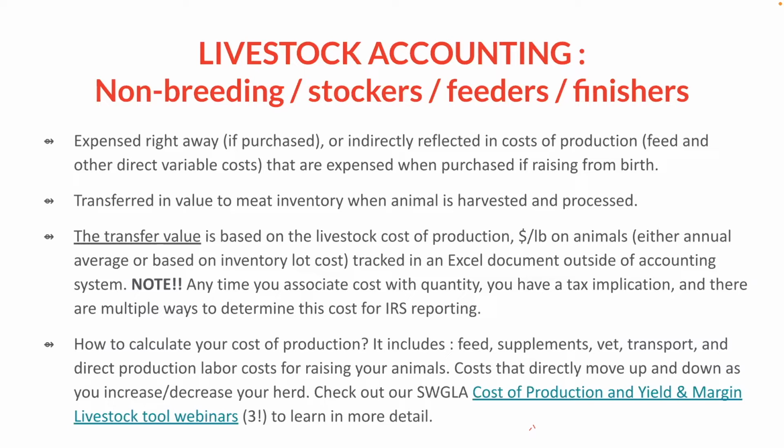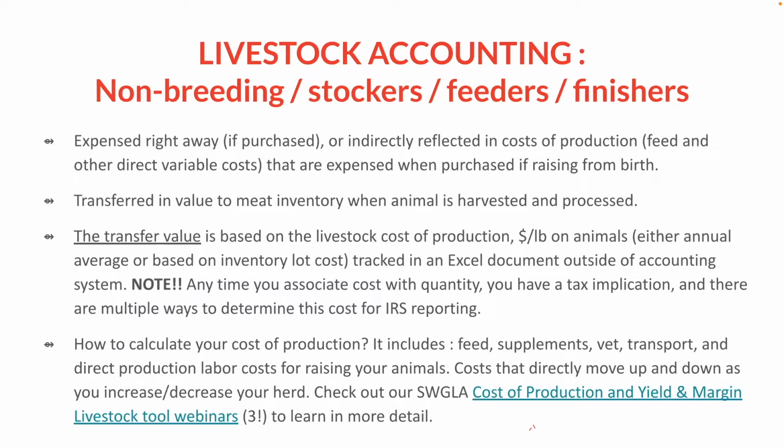And that is something that we track in Excel, tracking how that actually adds up to get you that final cost per pound. Or you can track it by inventory lot cost. So if your costs are changing radically quickly, then you might want to track by inventory or smaller pieces of time rather than say the annual average of the year.